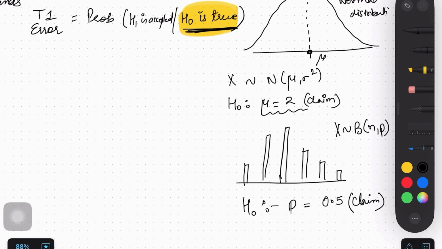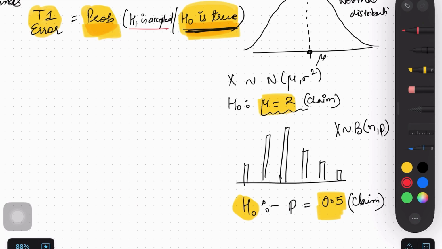But the same thing, if I say it for the binomial distribution, we don't have the curve, we have, let's say, the histogram of the binomial distribution, right? We know the binomial distribution is defined as B(n, p), and the claim is that the probability of one success is, let's say, 0.5.